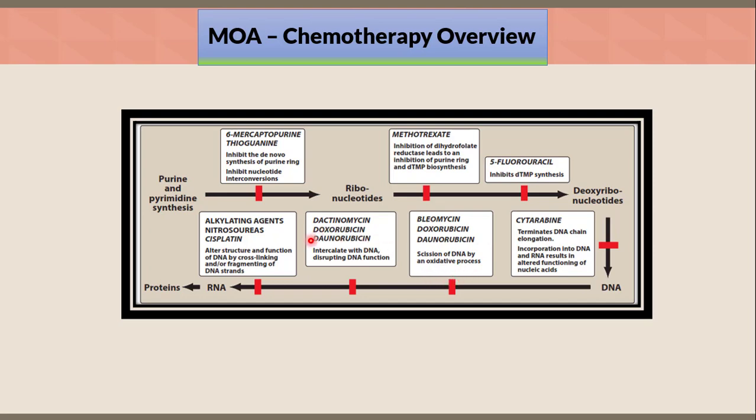And for actinomycin, daunorubicin, and doxorubicin, they intercalate with DNA, disturbing DNA function. And finally, the alkylating agents, nitrosoureas and cisplatin, alter structure and function of DNA by cross-linking and or fragmenting of DNA strands.